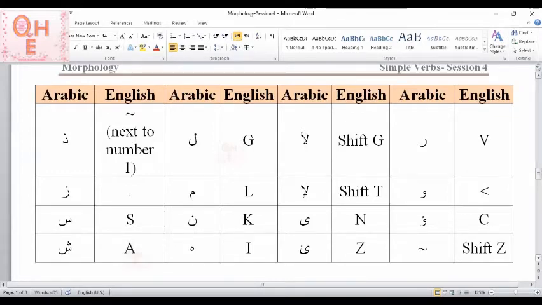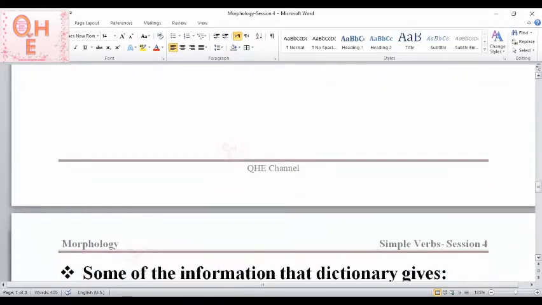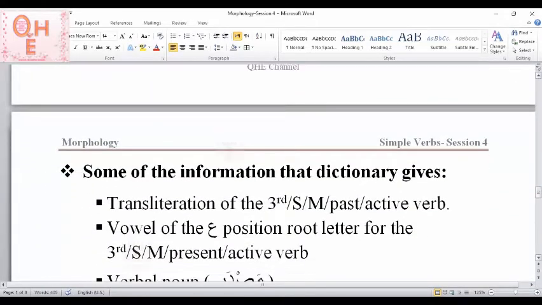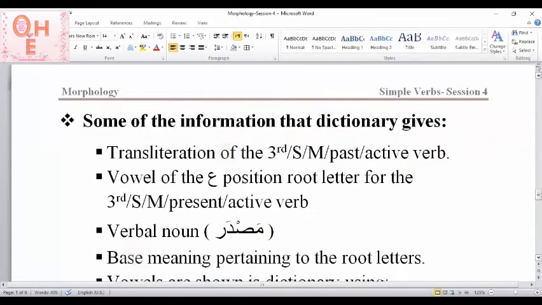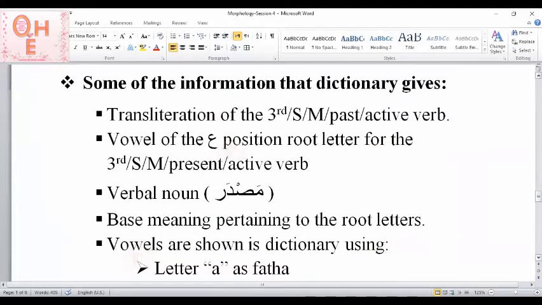Now let's go ahead and learn how to use the dictionary. Before we learn how to use the dictionary, let's see what kind of information the dictionary gives us. The way we get the meaning of a word is that we need to get the base meaning.